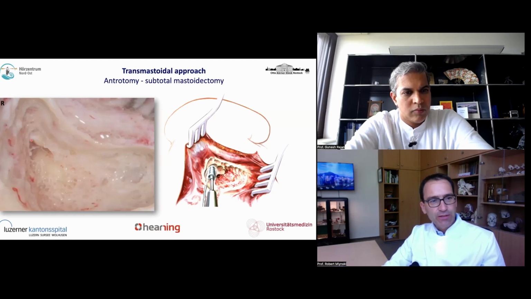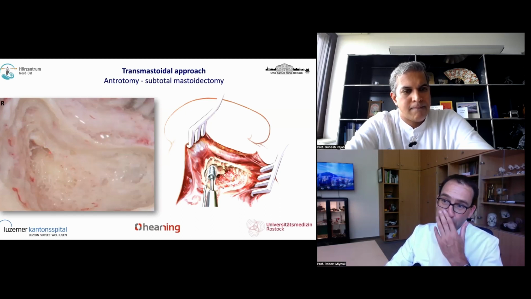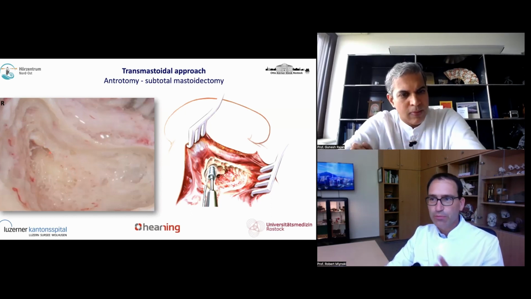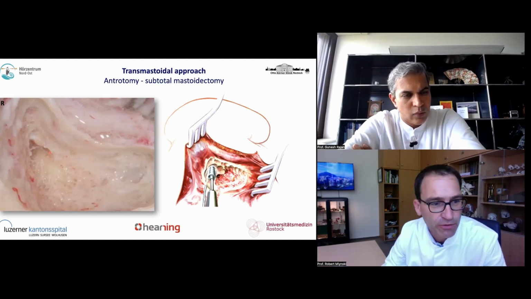If you stay up here, it is much more medial than the fossa incudis, and you also don't risk touching the short process of the incus with your burr, especially when it comes to residual hearing. If you touch the incus with the burr, you have no more residual hearing.